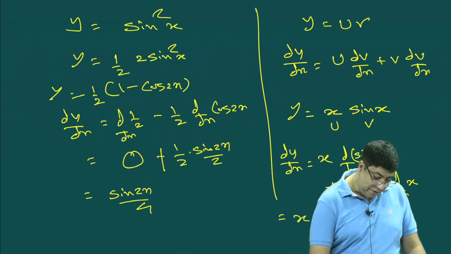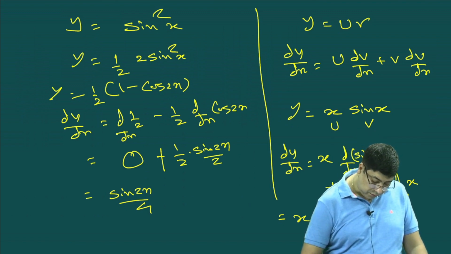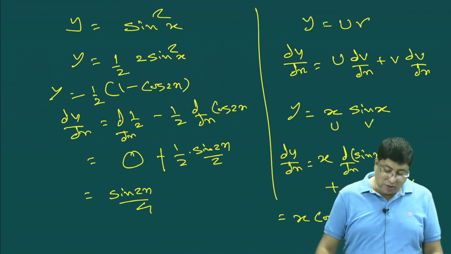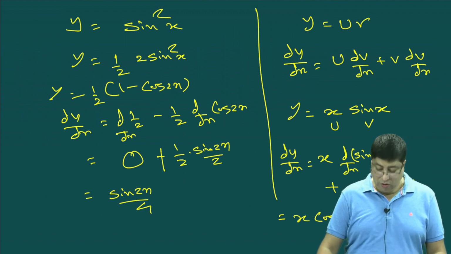So x, the differentiation of sin x is cos x, so we can write here x cos x plus sin x, as dx by dx is 1. So this is the differentiation of x into sin x by the u v formula. This is the derivative formula of u into v.